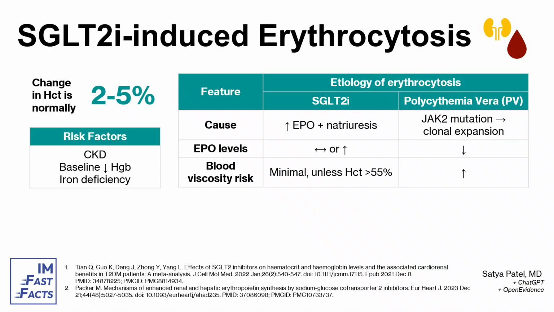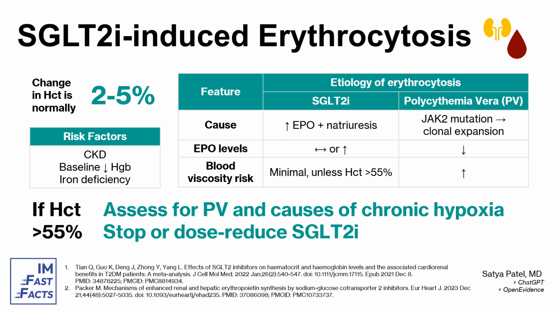Risk factors for developing SGLT2 inhibitor-induced erythrocytosis are CKD, baseline low hemoglobin, and iron deficiency. And finally, if the hematocrit is greater than 55%, you should assess for polycythemia vera and causes of chronic hypoxia, and stop or dose reduce the SGLT2 inhibitor.